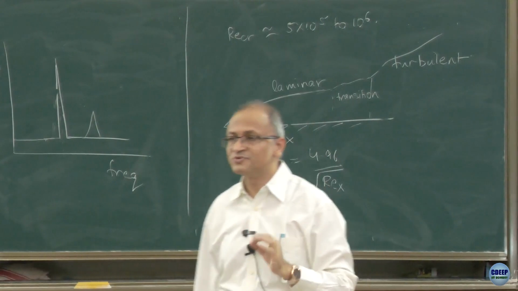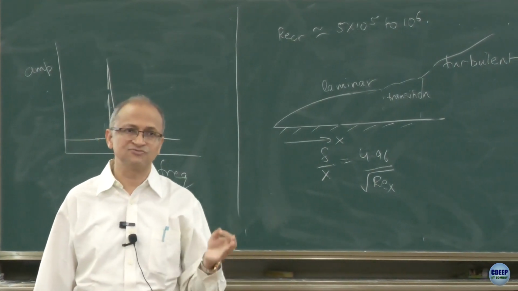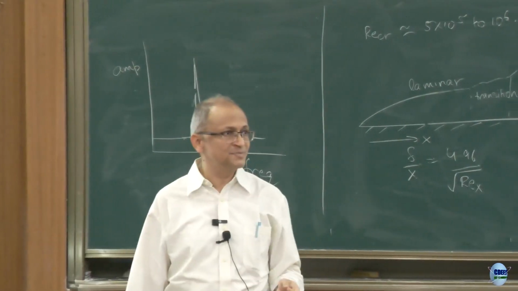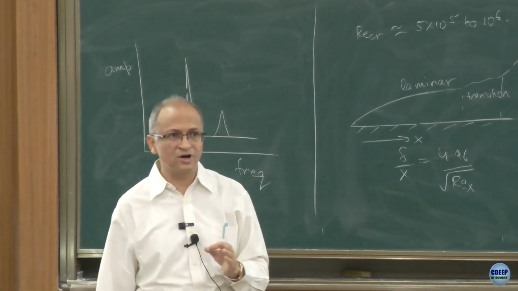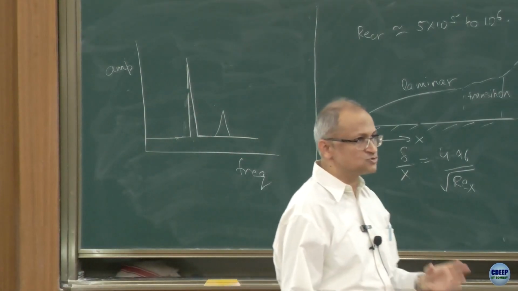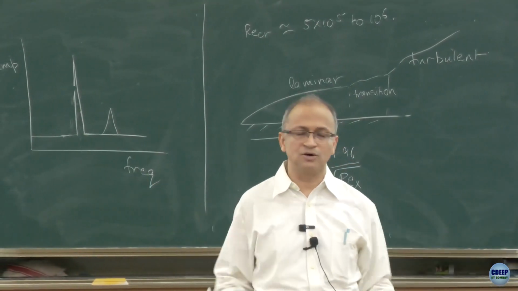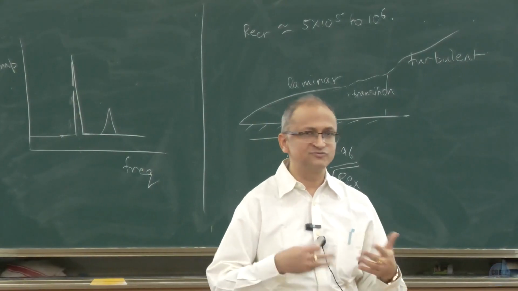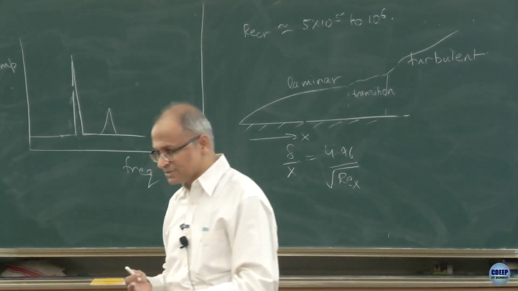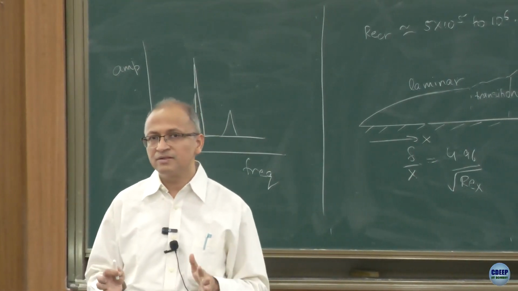Any flow which exhibits this sort of time-varying behavior or exhibits flow separation does not mean that the flow has become turbulent. This is an important point I would like you to understand, so that next time you do not make an offhand remark that anything which is varying is turbulent flow. If you look at how people in biology write about the flow of blood in our body, everything is turbulent for them.